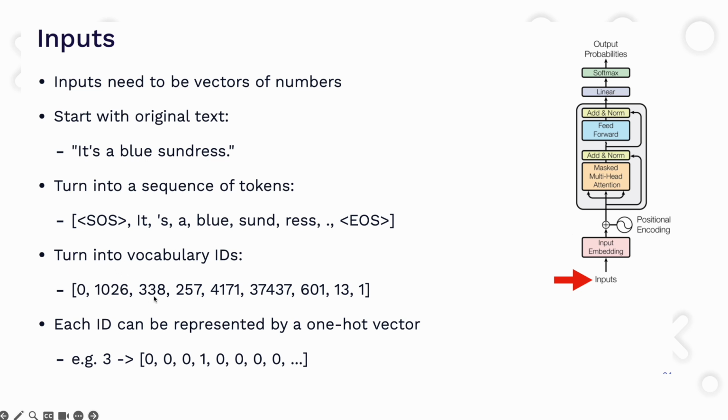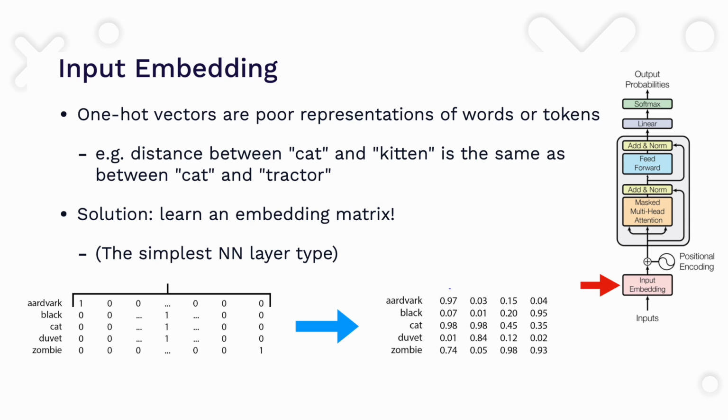Why vocabulary IDs? Because you have to retain which word corresponds to which ID, right? Your token has to be assigned a physical ID so that the mapping back can happen. Because if the large language model spits out a bunch of vector numbers, it will not make sense to us, right? It needs to be converted back into human readable format, or decoded, so that we can make sense of it. Okay.